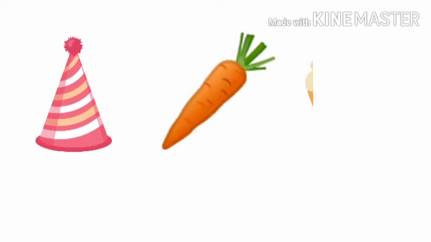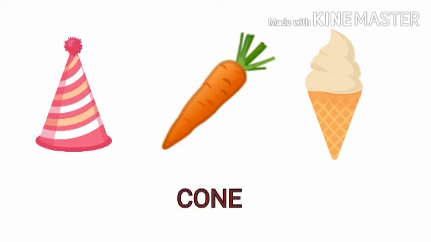Look here children. Here we have a birthday cap, carrot and a cone ice cream. Already we know all these items. Observe clearly, these are all in the shape of cone.